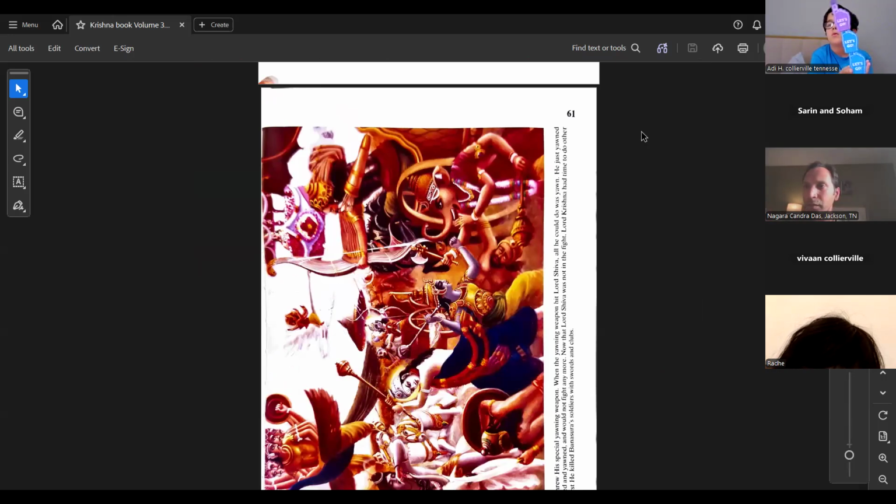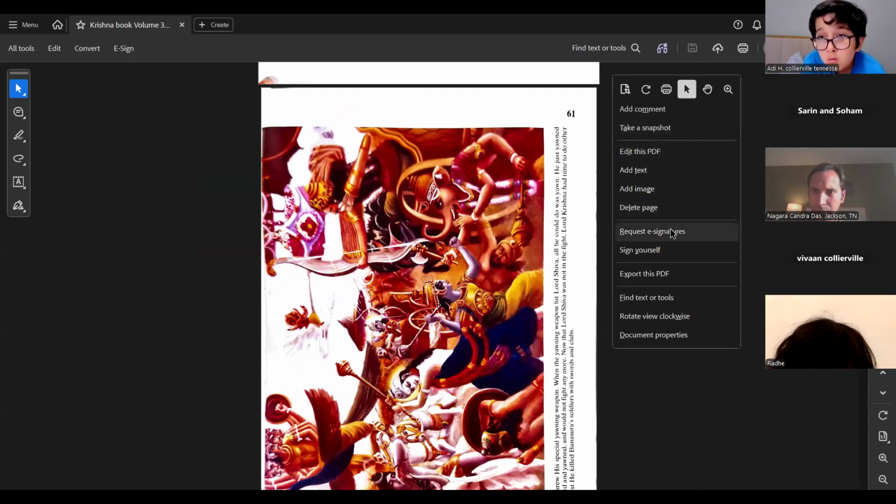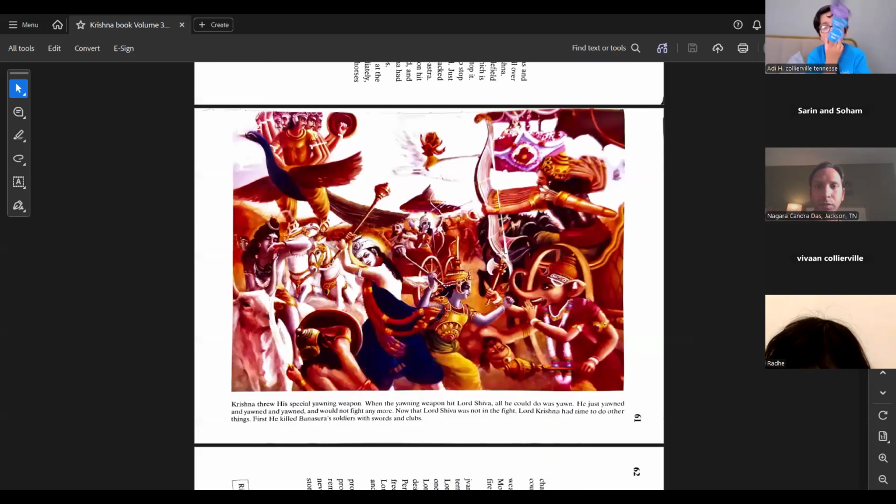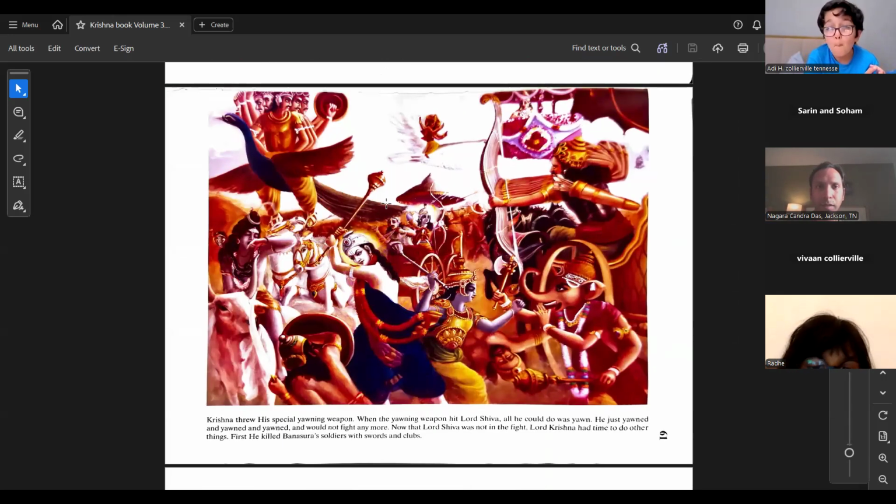Let me see if I can rotate it. Okay. So yeah, here this wonderful fight is happening. You see there is Lord Brahma and Charanas, and people are going around with their airplanes looking at this wonderful fight.